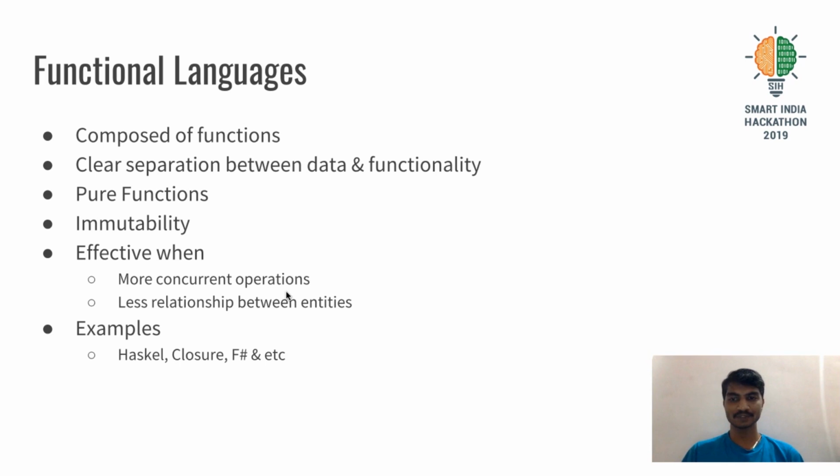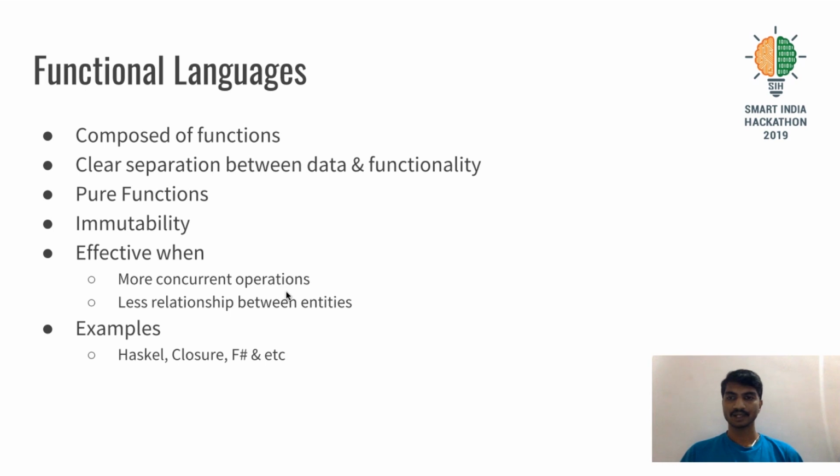In those situations, it's better to choose a functional language, because it gives you more flexibility and more opportunity to use your logic effectively and reusably. Examples of functional languages are Haskell, Clojure, F Sharp, and there are so many others available.